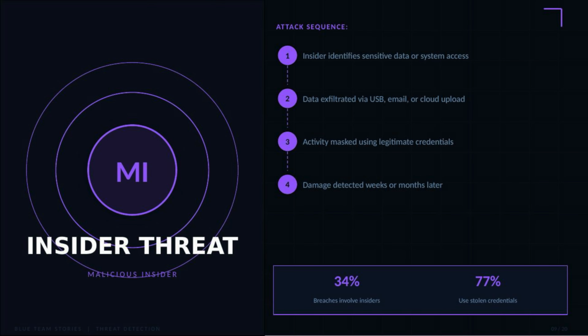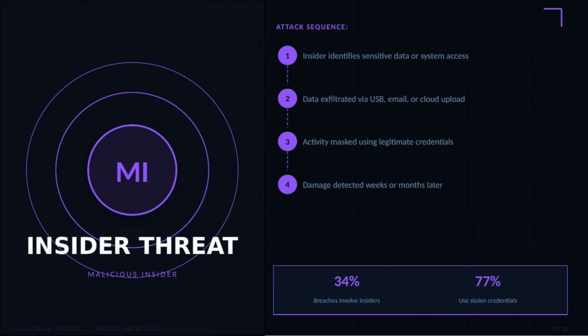Not every cyber threat comes from external hackers. Sometimes threats originate from inside the organization itself. An insider threat occurs when an employee, contractor, or trusted user misuses their legitimate access to steal data, leak information, or damage systems. In some cases, insiders act intentionally for financial or personal reasons.